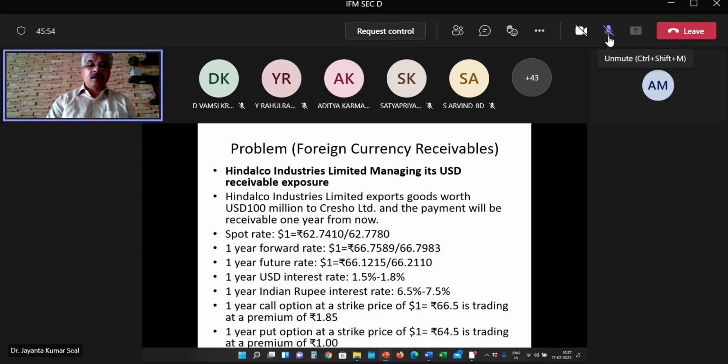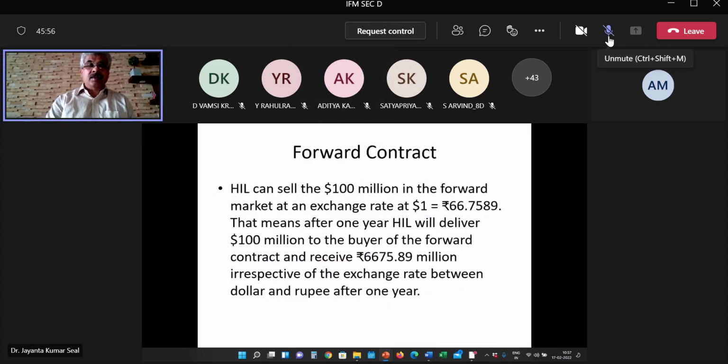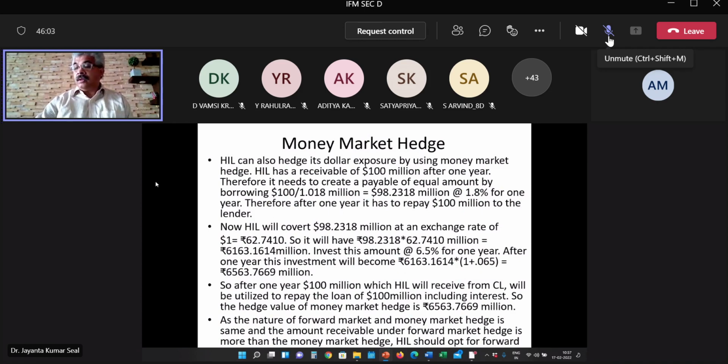Absolutely. Converting dollars into rupees means you sell dollars and buy rupees. So if you sell dollars, how much money will you get? 98.2318 into 62.7410, which is equal to 6163.1614 million rupees.